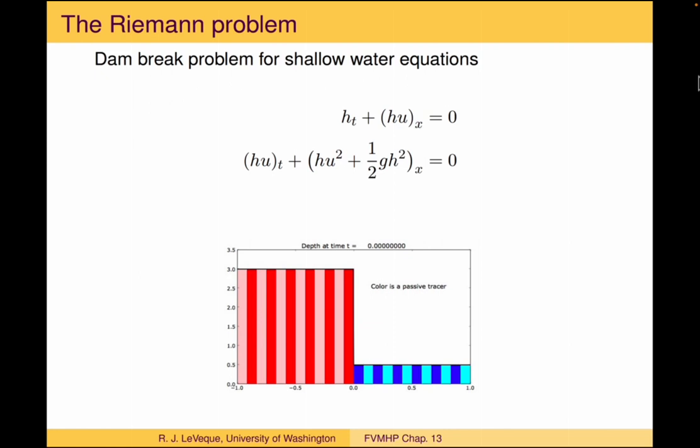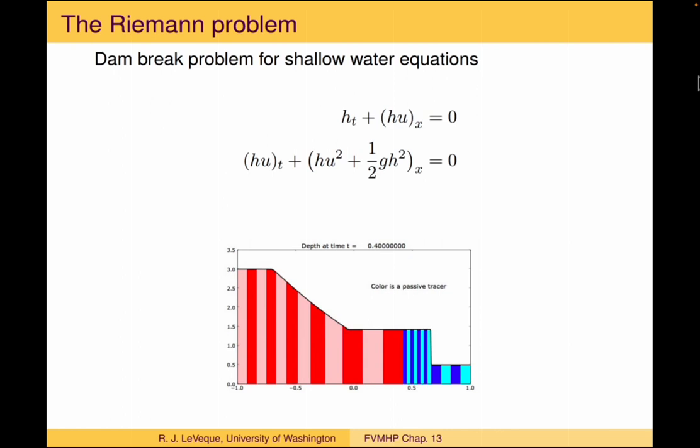What you expect physically is water flowing from left to right, and in fact mathematically you see a shock wave that propagates from left to right in one of the characteristic families, but then you also have a rarefaction wave traveling from right to left in the other direction, in which the fluid is being accelerated. So in this particular Riemann problem, with this particular data, you have one shock wave and one rarefaction wave coming out of the Riemann solution.